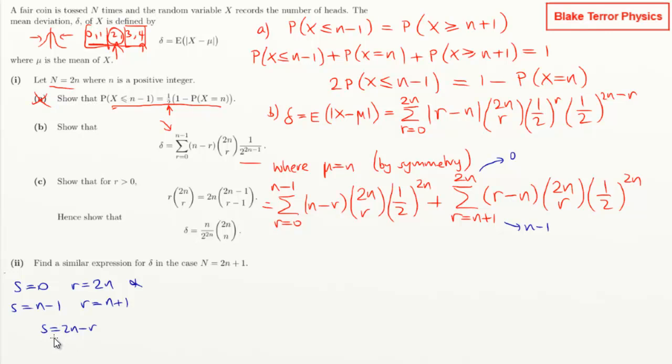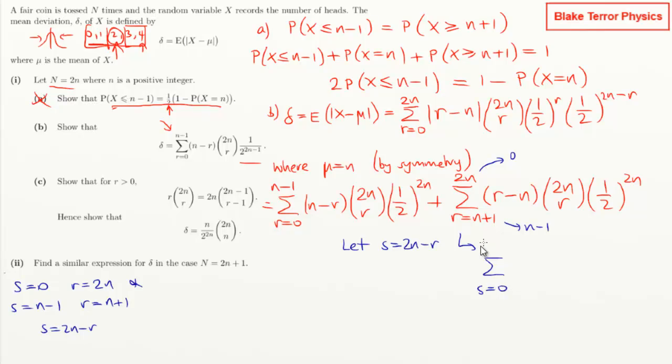So let's put that in here. Let S equal 2n minus R. And now this sum is going to be over S. I could put 0 at the top and n minus 1 at the bottom, but that would be kind of unconventional.